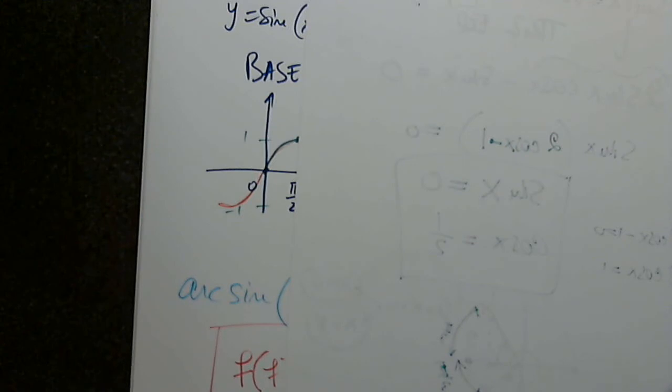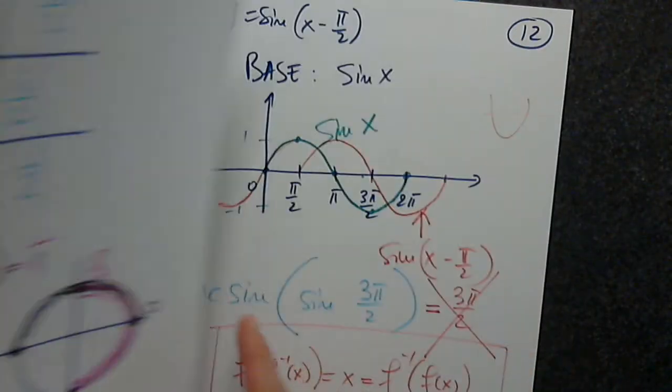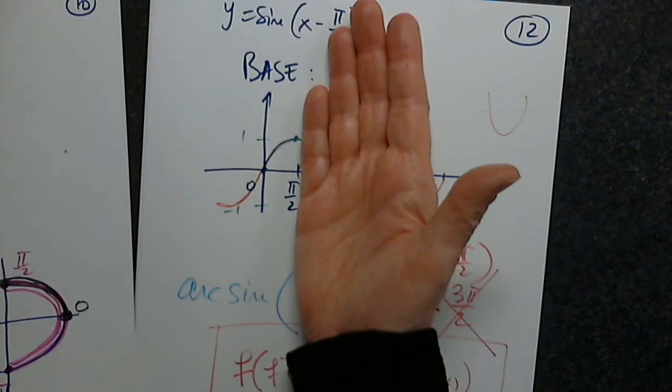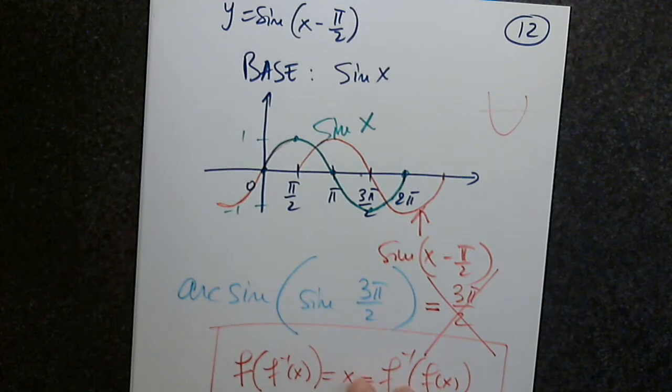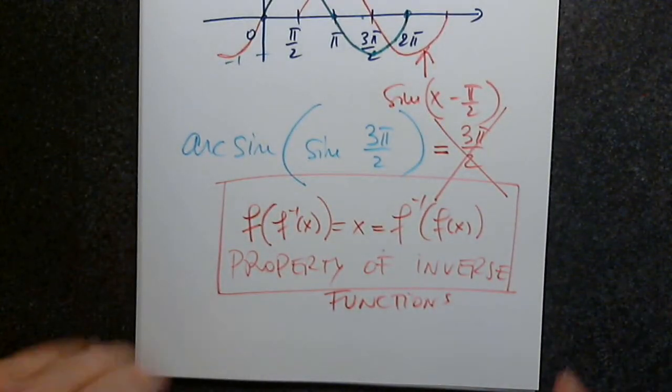Because that piece alone, only between negative pi over 2 and pi over 2, is one-to-one. Now I can create the inverse function, but not on the entire function. So that's why we have to get an answer between negative pi over 2 and pi over 2. So we can still determine this, but we have to take it piece by piece.